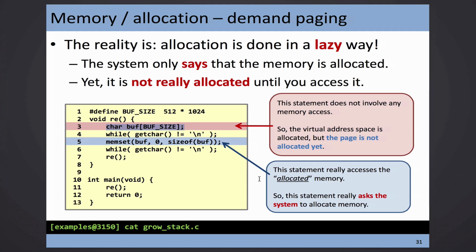I will have this allocation of the virtual address first, but this doesn't really mean a physical memory allocation. That depends on whether the page table will help you map the physical page. And this is the moment that we will have that mapping.